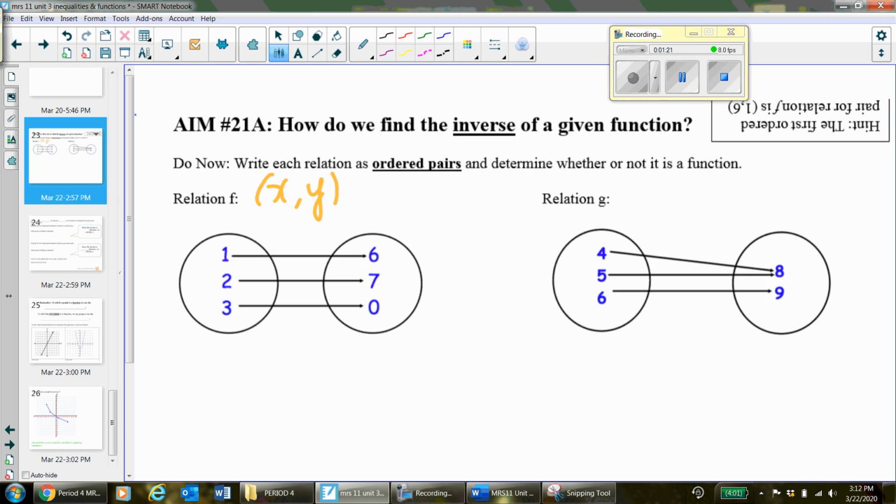The first pair on the left: 1 has an arrow drawn to 6, so the first pair is 1, 6. The next pair is 2, 7, and the last pair is 3, 0. None of my x values are repeating, which means this is a function.